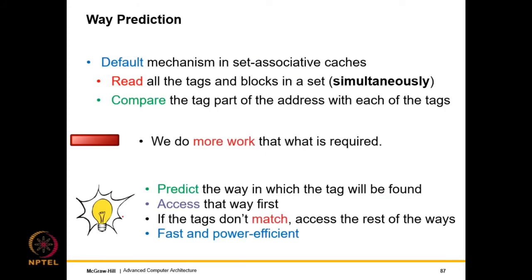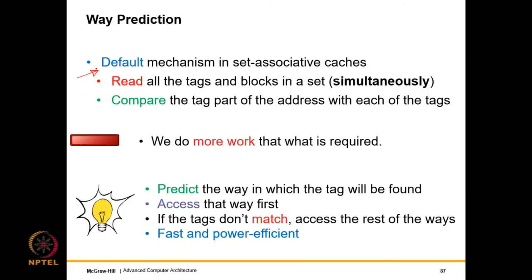Now we come to our fourth mechanism called way prediction. Way prediction is rather interesting in the sense that it takes us very close to the actual implementation, very close to a designer's point of view. So what is the default mechanism in, let's say, set associative caches?